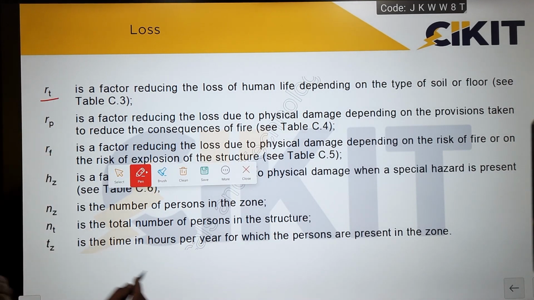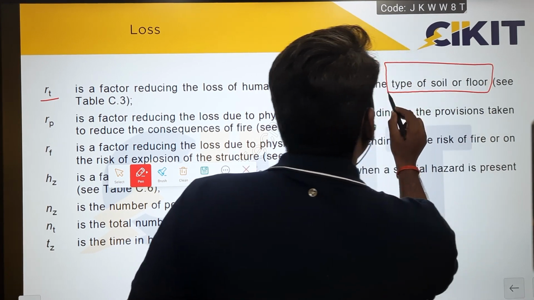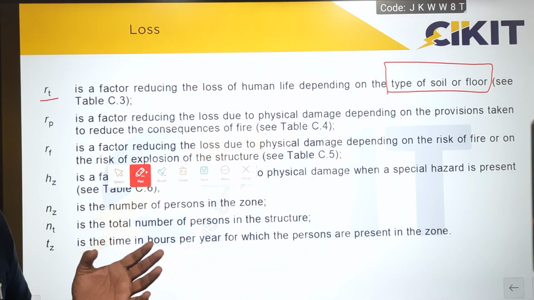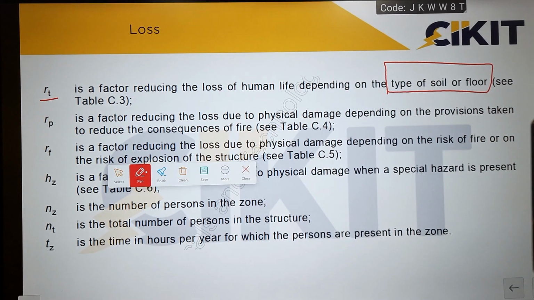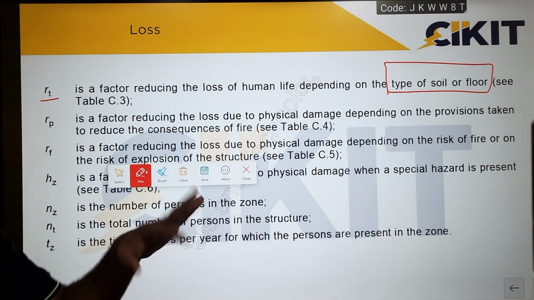dependent on the type of soil and floor. We are considering this value because of the ground potential rise. The soil resistivity and the type of flooring will contribute to this ground potential rise. If I have a highly insulating material as a flooring material, then the ground potential rise can be much reduced.